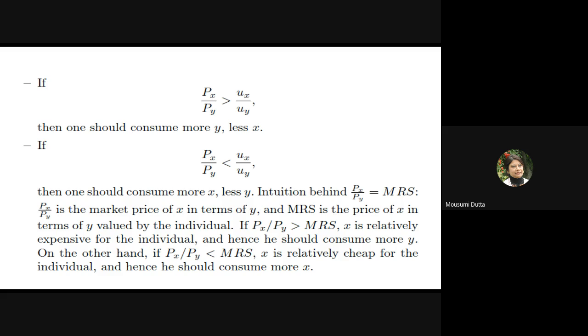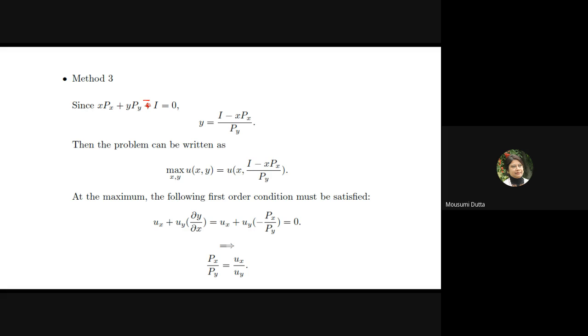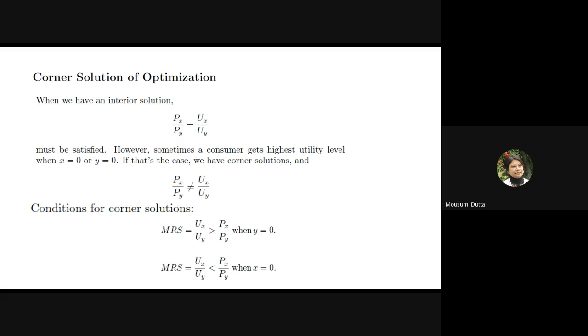And this idea, why the equality is giving the equilibrium solution and why greater than or less than is not giving any equilibrium solution, that is also crucial to understand. So this part is most important. Now, if this part is understandable, in the next step, we have to consider the corner solution.